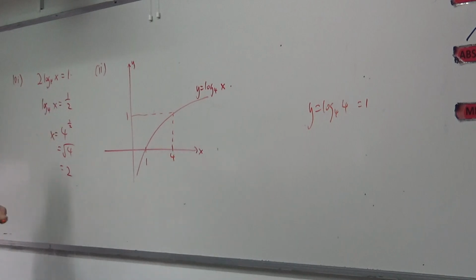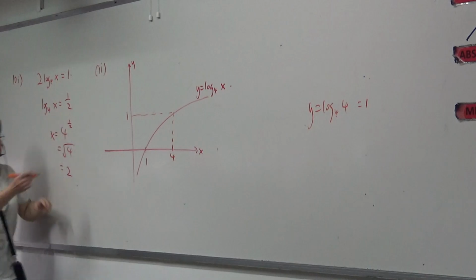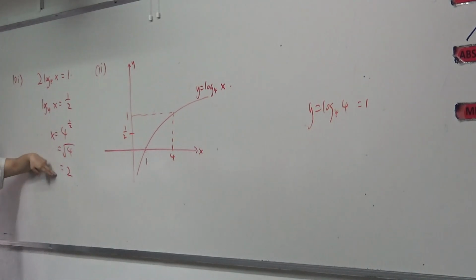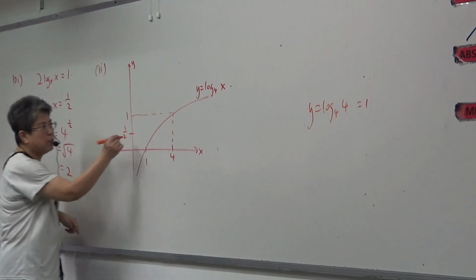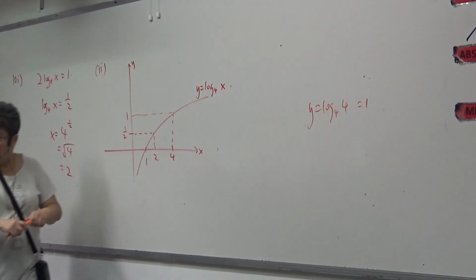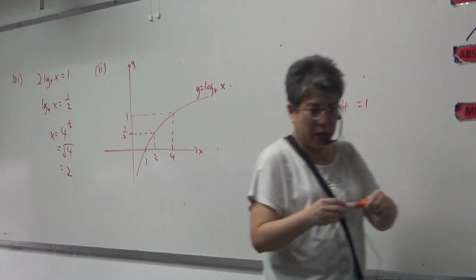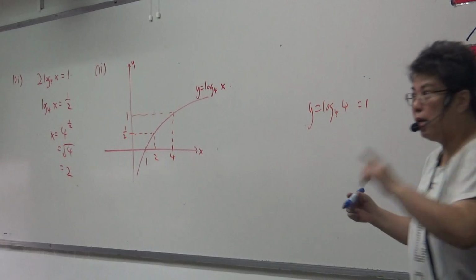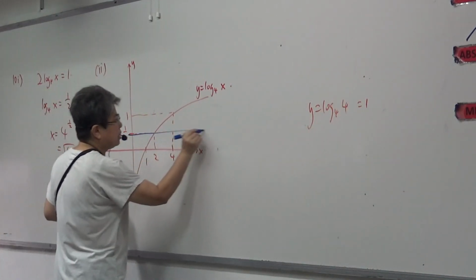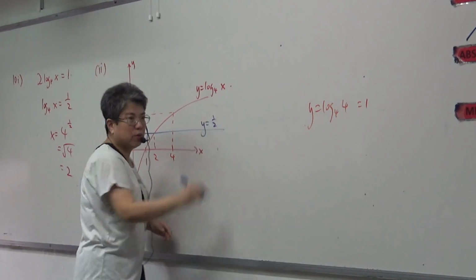Now, when will log 4x be half? When x is what? 2, right? From the first part. Can you see it? Okay. So this will be 2, right? Agree? Okay. Now I'm going to draw y equals to half. Where is y equals to half? This will be my line y equals to half.